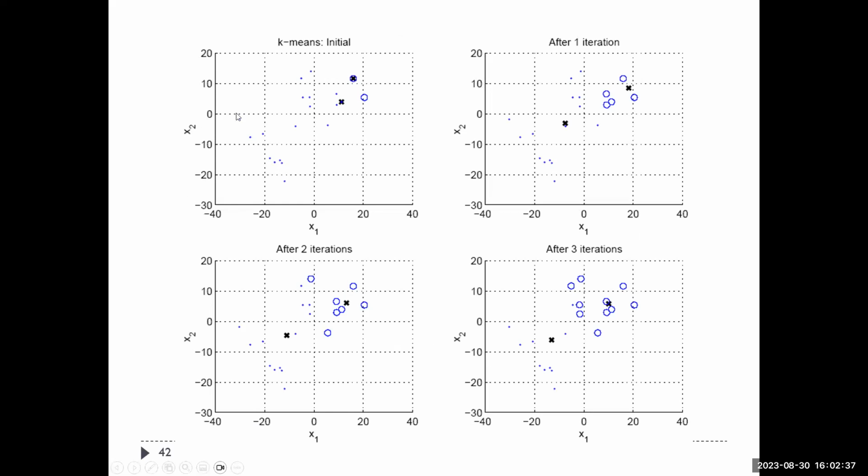So this is just a sample. So you can look at this. So these are the points, 2D points. And the 2 crosses you see here are the centers we select initially. I think what they have done here is they've used circles and dots. Circles belong to one cluster, dots belong to the other cluster. And after you make the assignment, you see the area here.